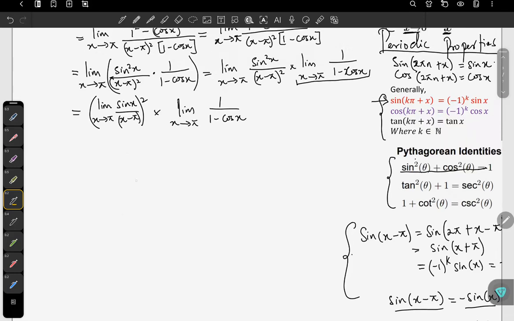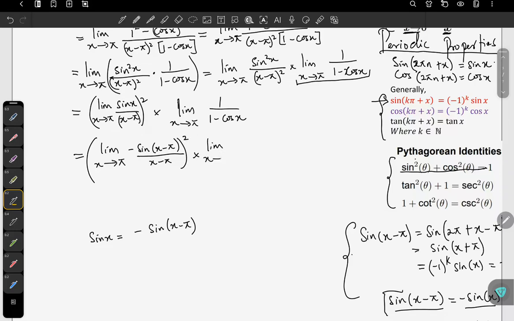I know that sine x is equal to minus sine x minus pi, from what we got here. So I can rewrite this as the limit as x approaches pi of negative sine x minus pi over x minus pi, squared, times the limit as x approaches pi of 1 over 1 minus cos x.